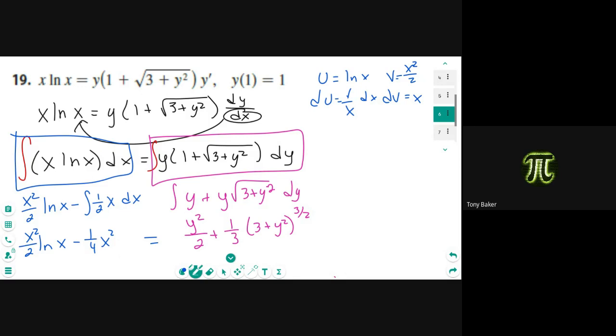Y squared over 4. Where did you take out the 1/2 from?